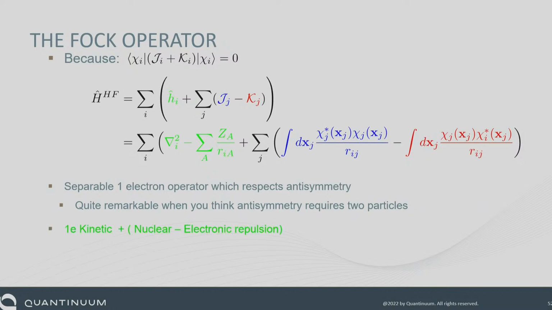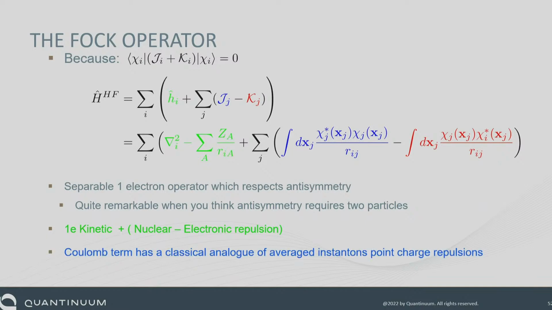So yeah, this is a solution for the whole molecule. And we've got the sum over I here, where I is the number of spin orbitals, and then J is the number of spin orbitals as well.